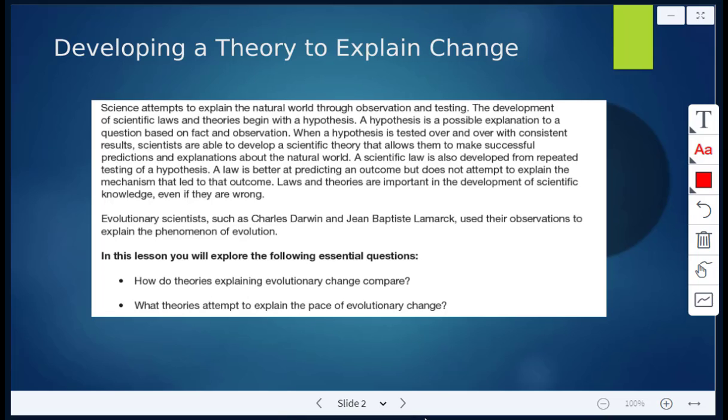Some evolutionary scientists like Charles Darwin and Jean-Baptiste Lamarck used their observations to explain the phenomenon of evolution. So today we're looking at how theories explaining evolutionary change compare, and what theories attempt to explain the pace of evolutionary change.